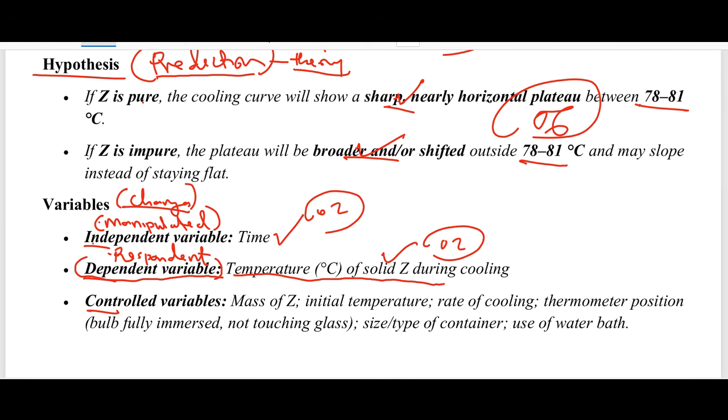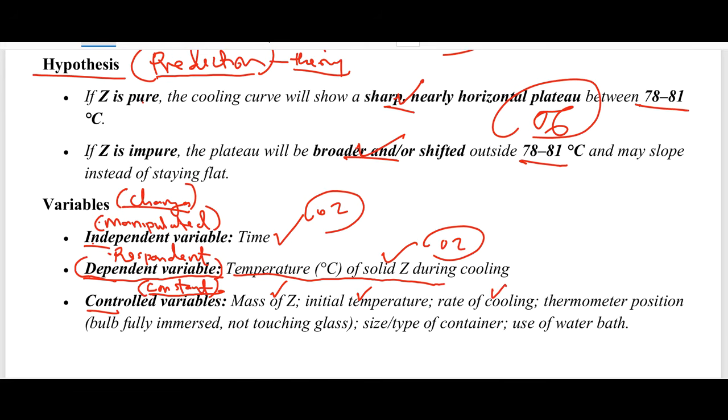Now, the controlled, also known as constant variable, that variable that you don't change, that substance that you're not changing, that thing that you don't change throughout the experiment, is what we call the controlled variable. So what are we not changing in this experiment? Number 1, we have the mass of Z. The initial temperature keeps the same.